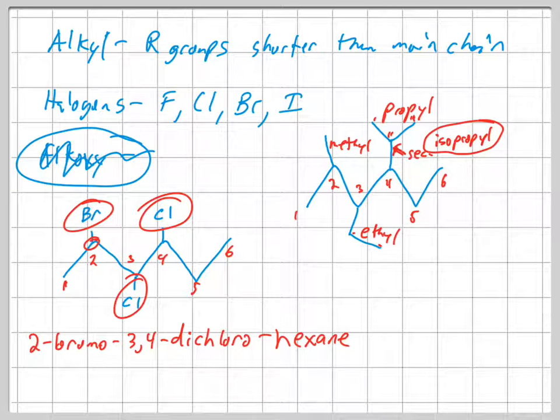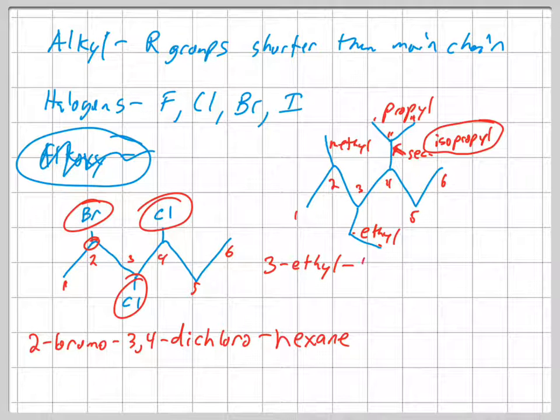So in this case, we need to name these in alphabetical order and according to the number on their main chain that they branch off of. So we'd start out with ethyl. So this would be 3 ethyl. All right, so we took care of ethyl. LMNOP. I had to sing the song every time. But here we have iso. So this would be isopropyl.